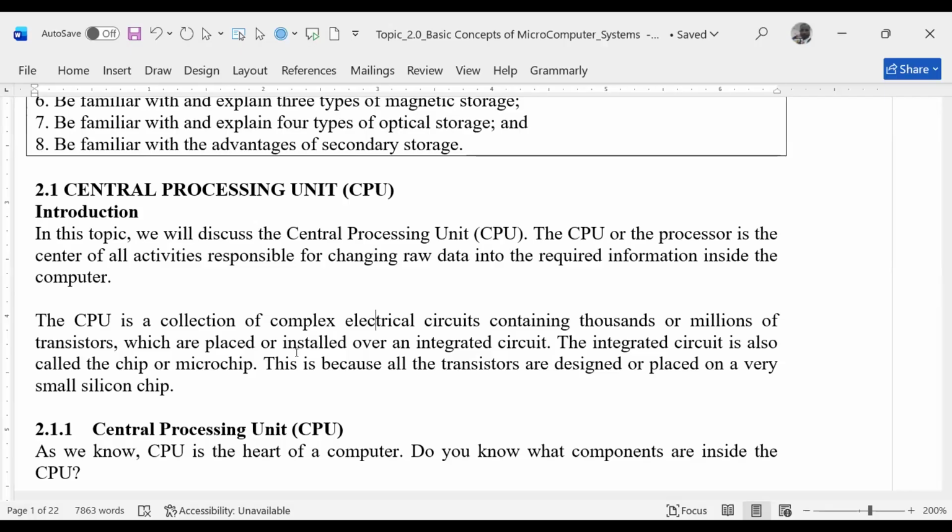And this integrated circuit or transistor is also called chip or microchip. So in computing, when you hear chip or microchip, it's the same as CPU. It's the same as the processor.